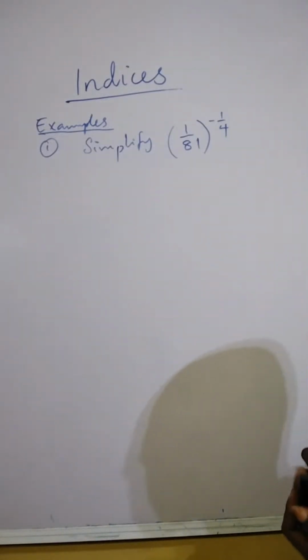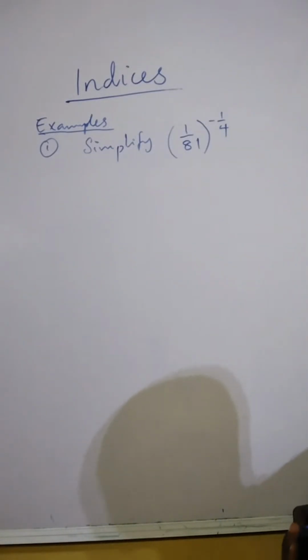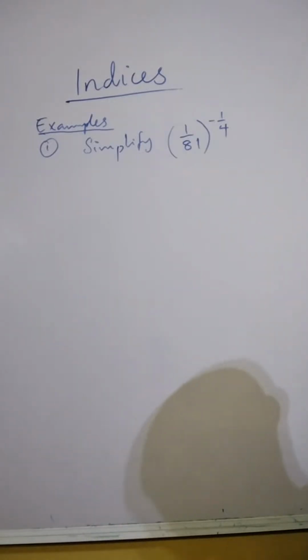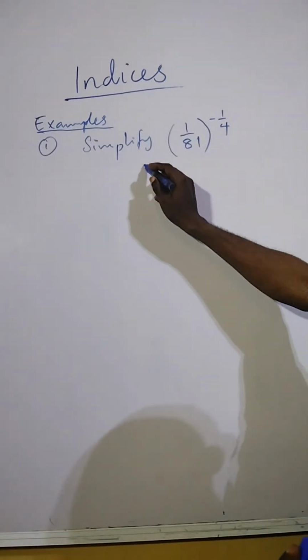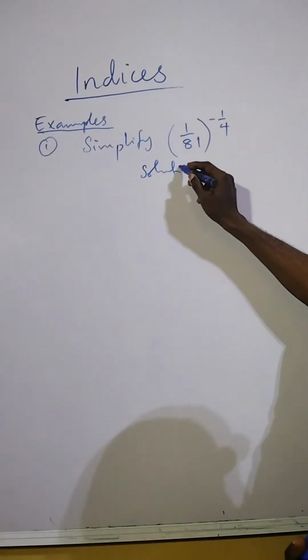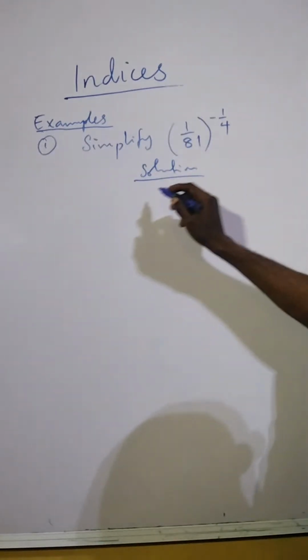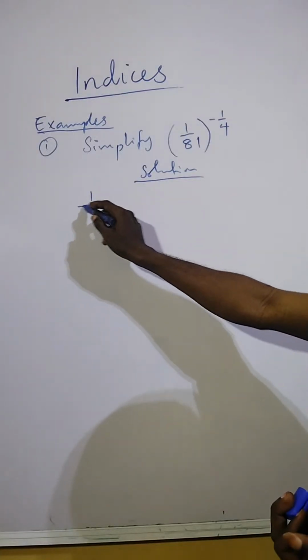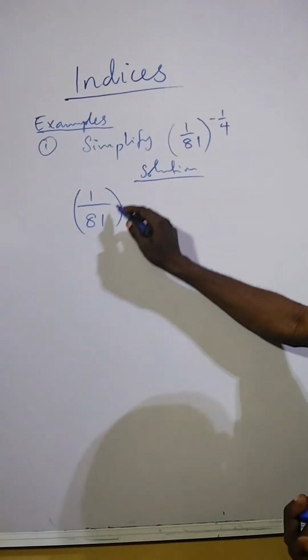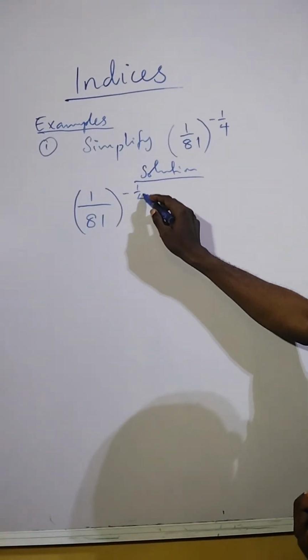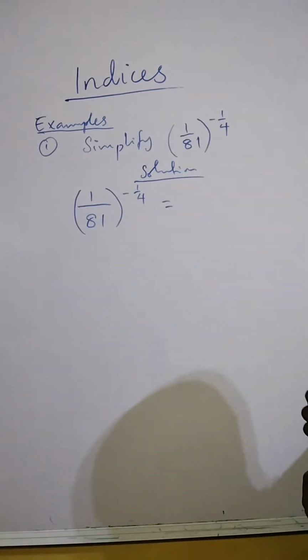Now, when we apply the law that we know from the indices, first is to see that we have a negative at this power. For the solution, what is given is 1 over 81, all raised to power minus 1 over 4, and the negative is now written as a reciprocal.